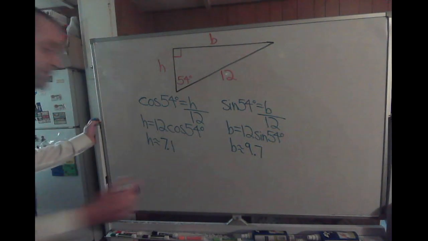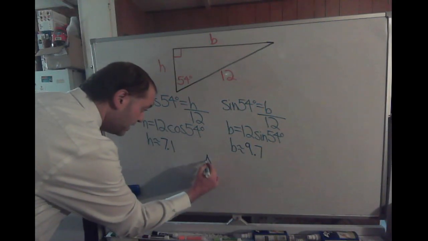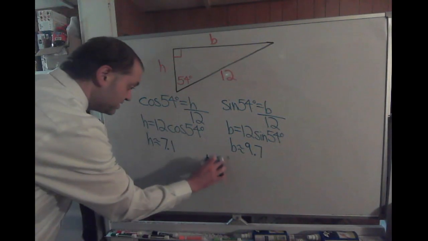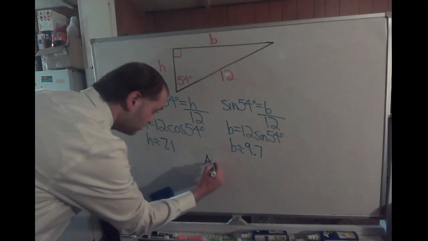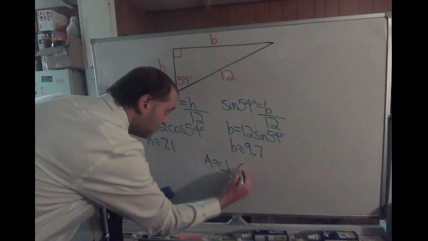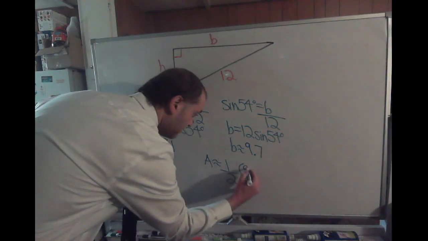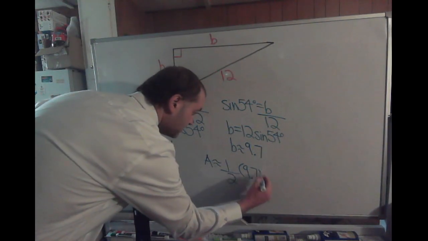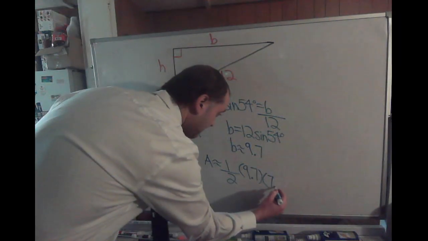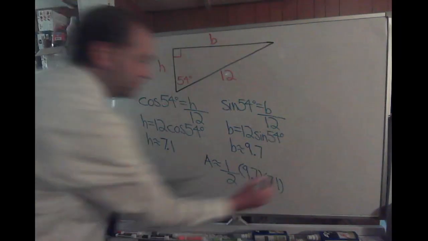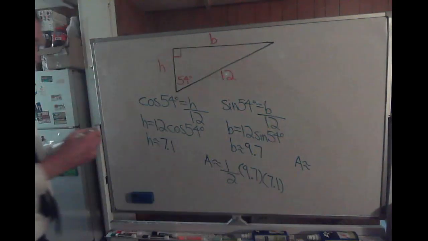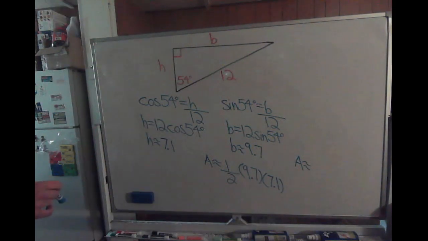Now we can go ahead and find the area since we know both the base and height. The area is approximately equal to 1/2 times the length of that base, which is 9.7, times the length of your height, which is 7.1. Which means your area is also going to be a decimal approximation since your base and your heights were also.